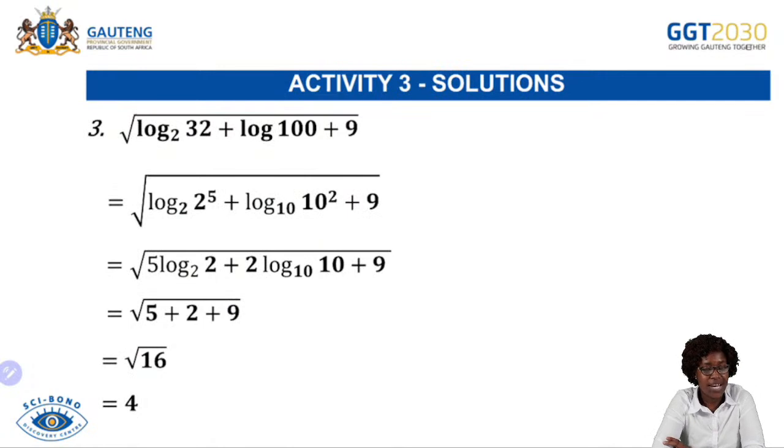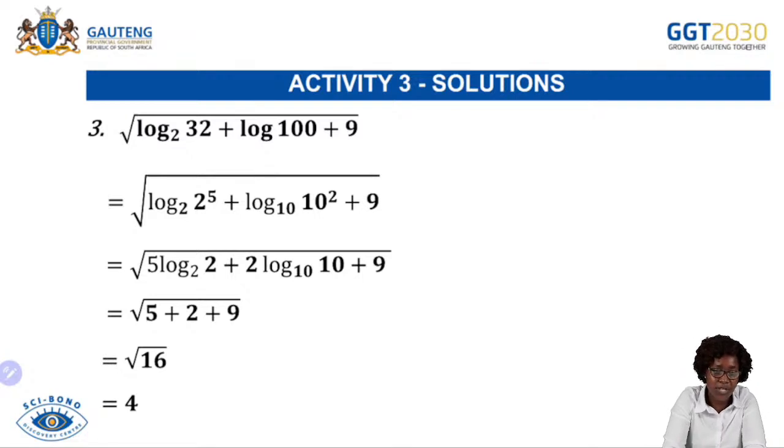The next one has a surd. Remember when we're working with exponents and surds, we said we have rules that we also need to make sure that we apply. In this case, we have the sum of terms under the square root sign.